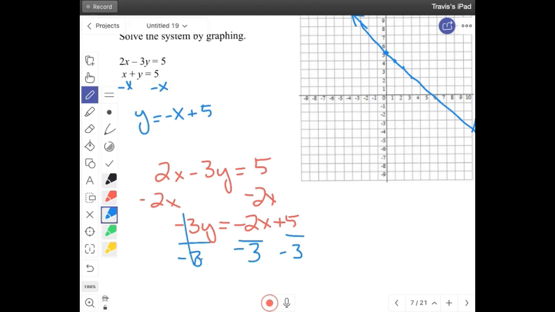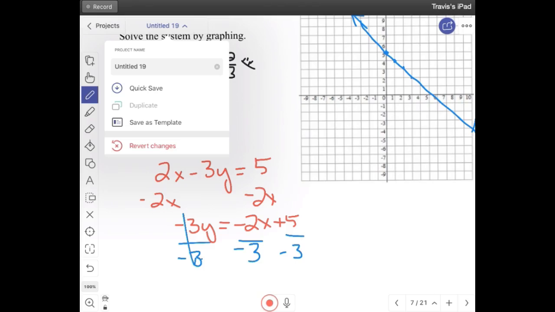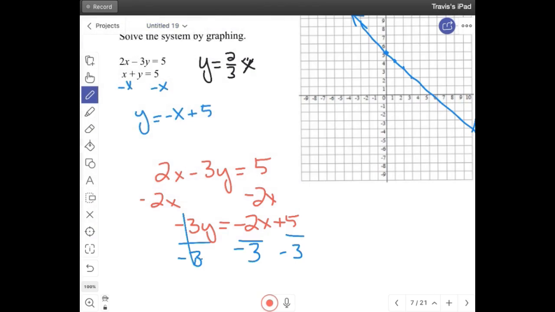So we get y equals 2/3 x minus 5/3. So that part's kind of gross. So minus 5/3, that's 1 and 2/3.